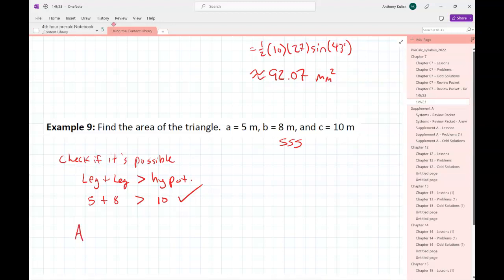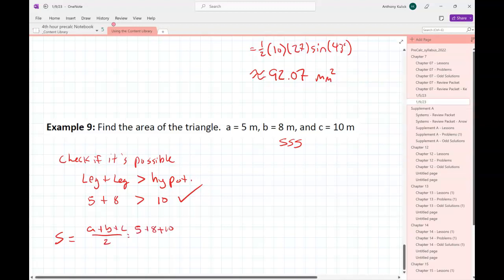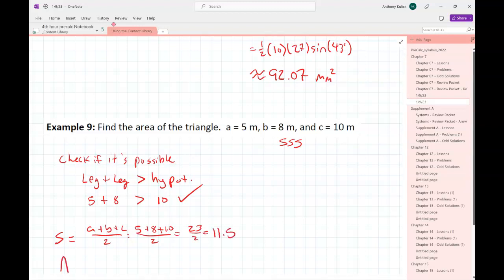So I'm going to be using Heron's formula. I'll start by computing S, which is A plus B plus C divided by 2. So that's 23 over 2, or 11.5. And I'll just plug that into Heron's formula now.